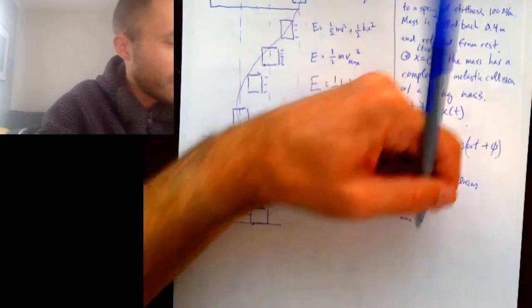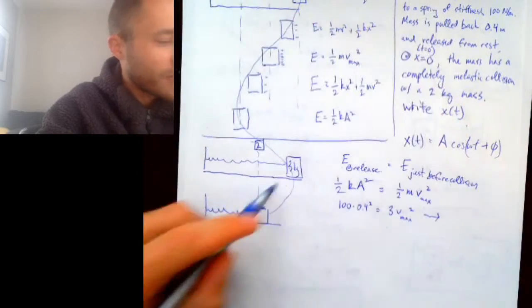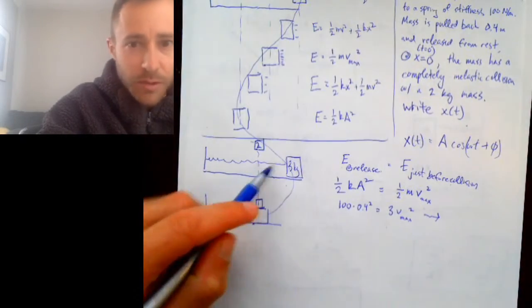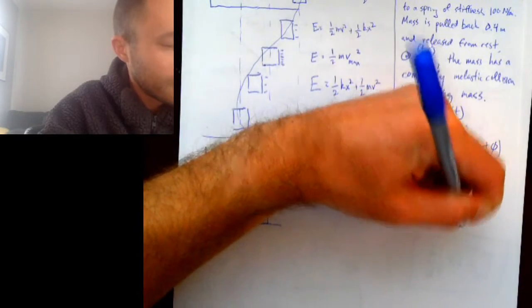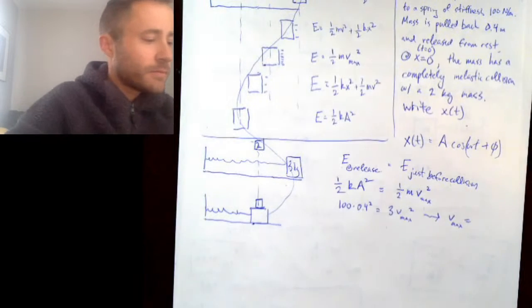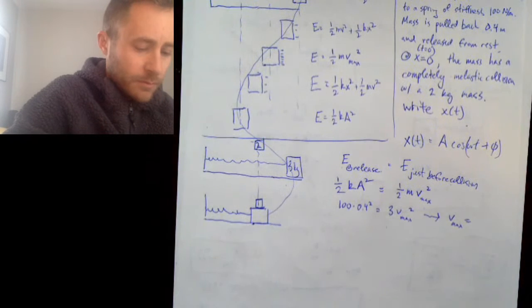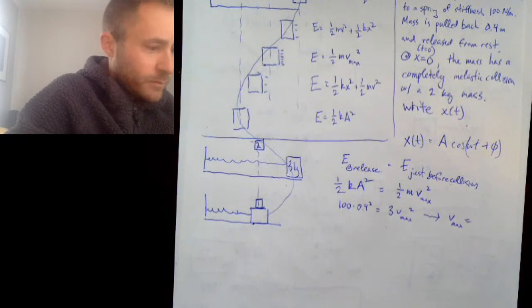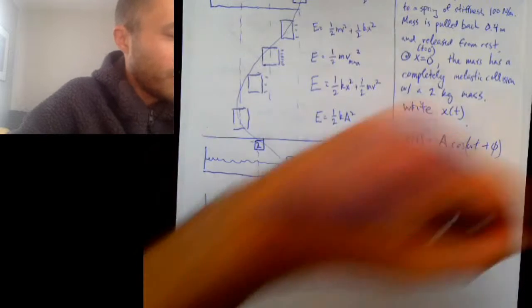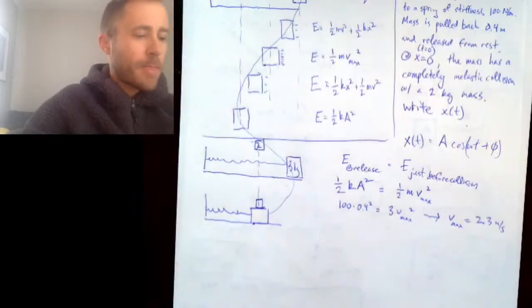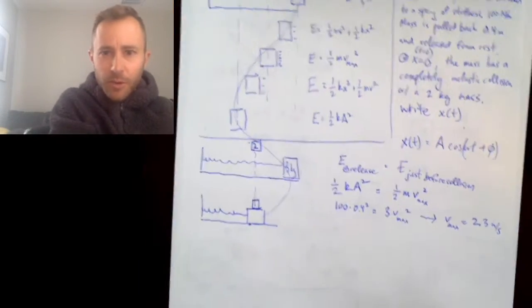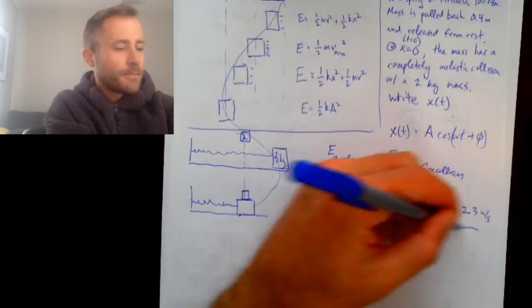So I can solve for the maximum speed that it has just before the collision. And we get that the maximum speed is 2.3 meters per second. Okay, so that's the first part of our problem.